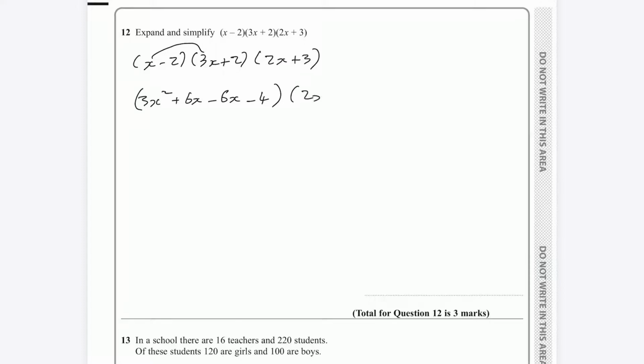And that is 2x plus 3 there. You can see that them two cancel out, leaving us with just that.